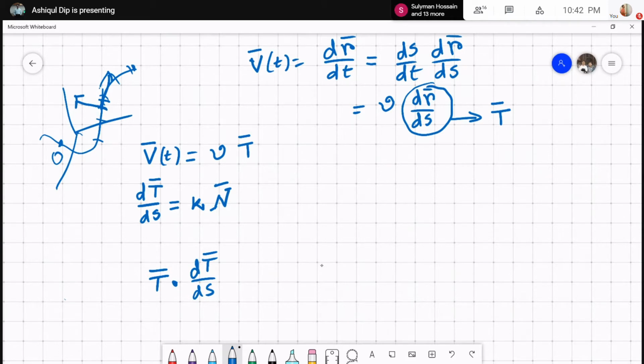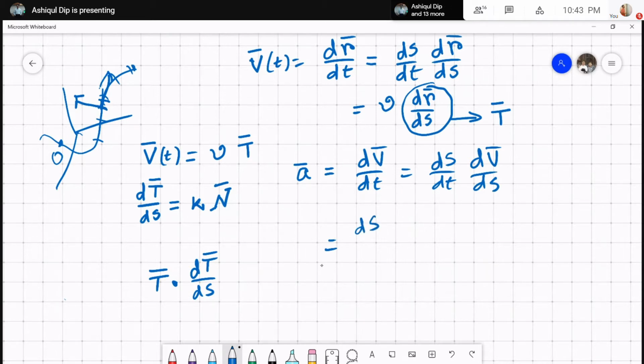So in terms of this new definition of t and n, we can write down our acceleration vector as well. The acceleration vector is by definition dv over dt, and we can again use the chain rule and write ds over dt multiplied by d over ds of v times dr over ds.